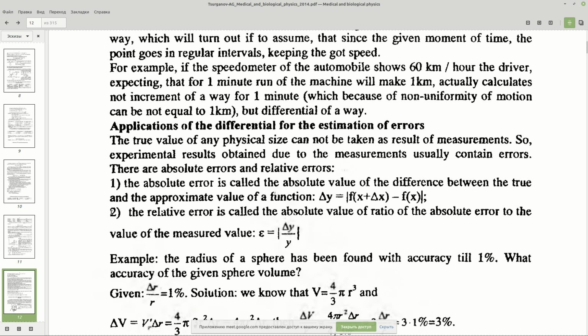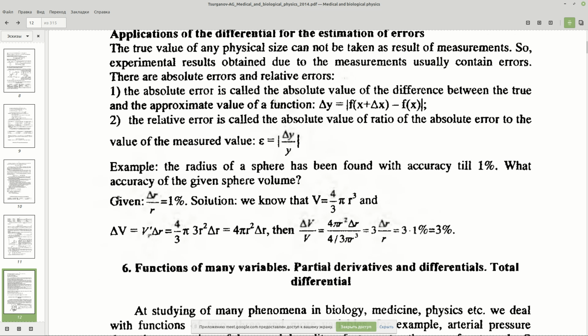The function of many variables will be next.